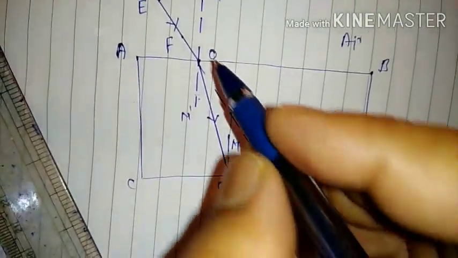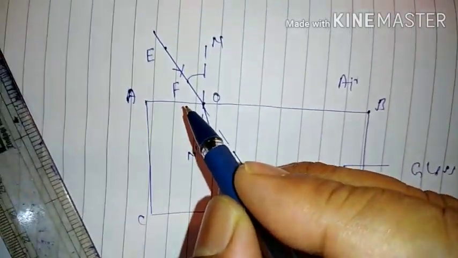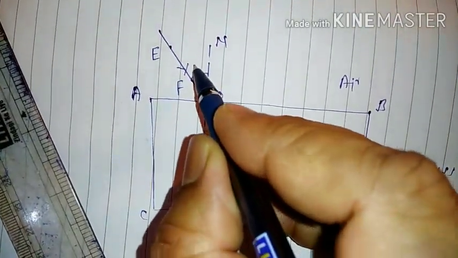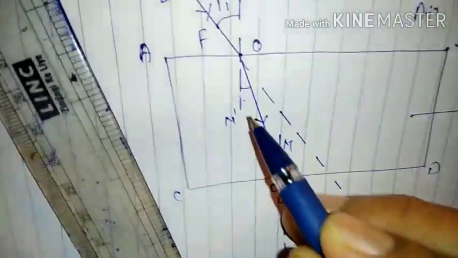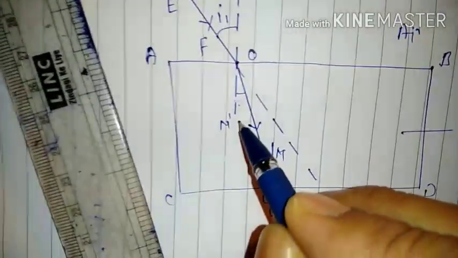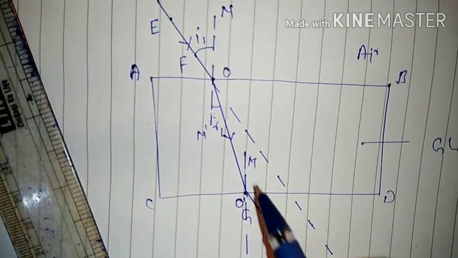Now as we know, the angle between the incident ray and the normal is called the angle of incidence. So suppose this angle I1 is the angle of incidence. Here the angle between the normal and the refracted ray is called the angle of refraction. So suppose this angle R1 is the angle of refraction.